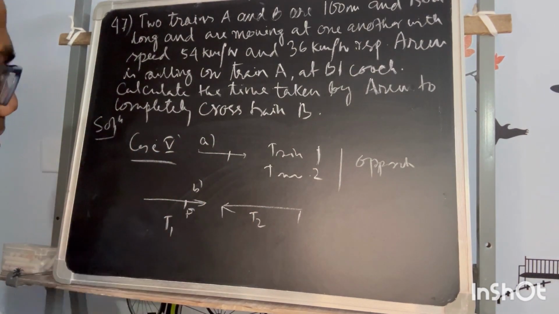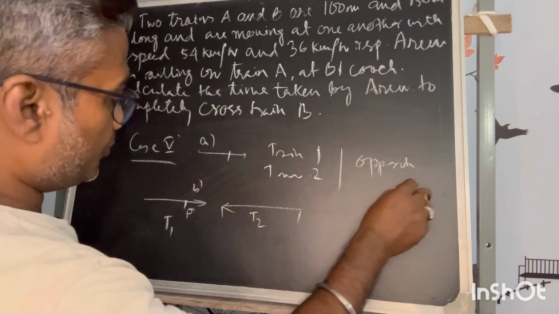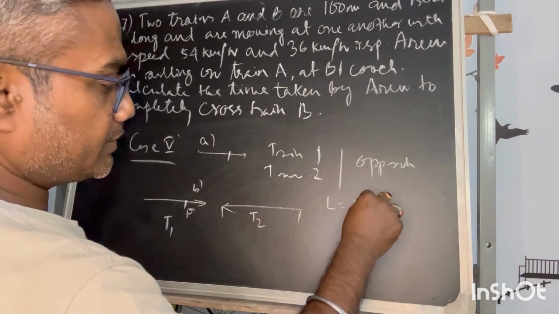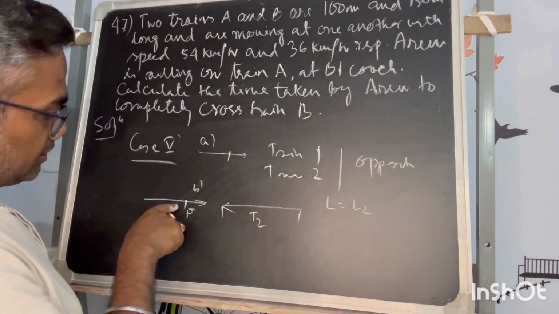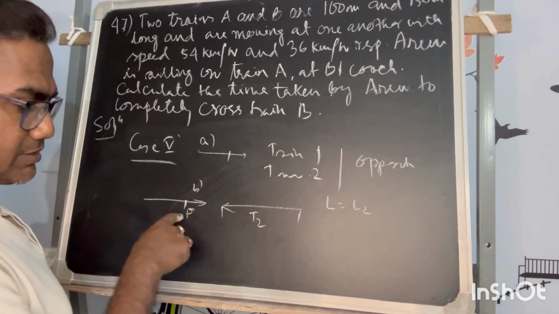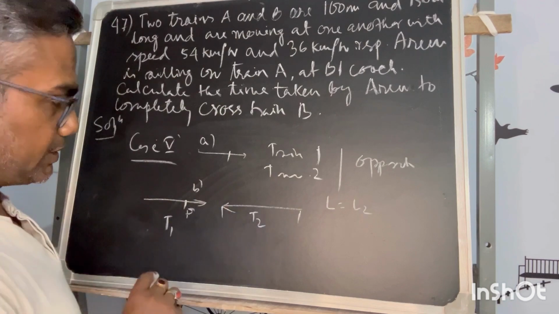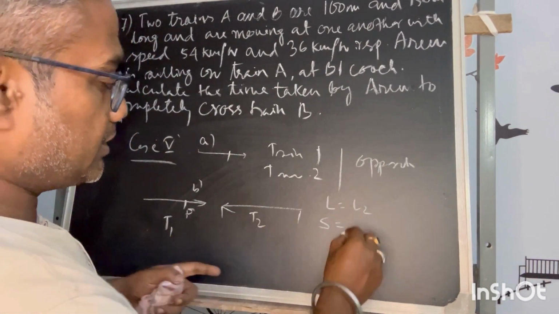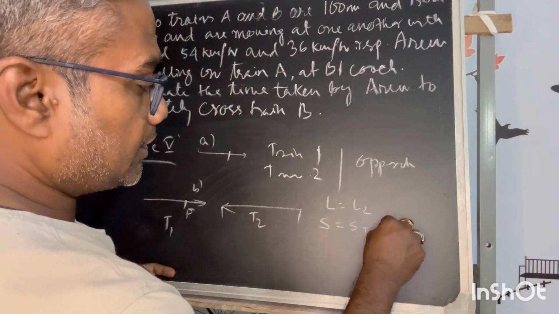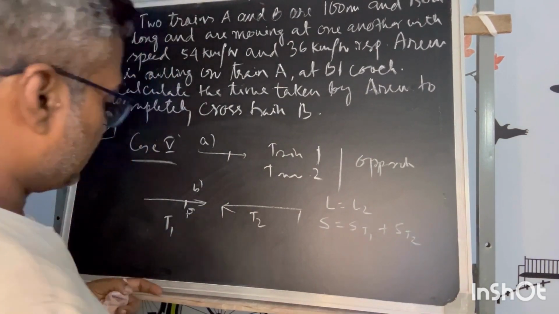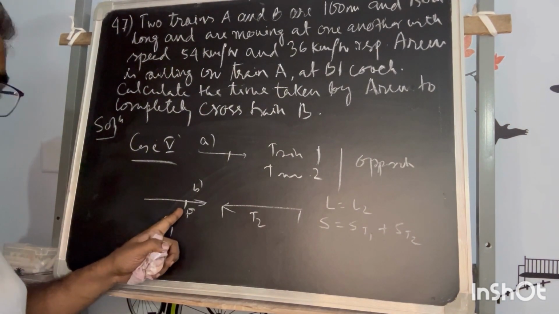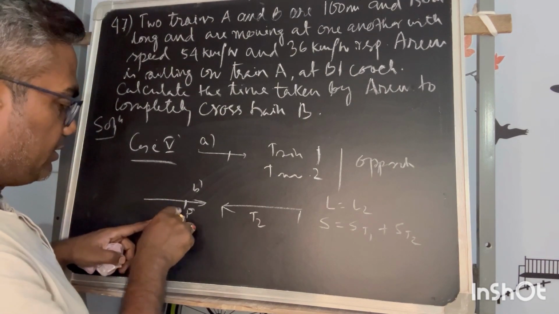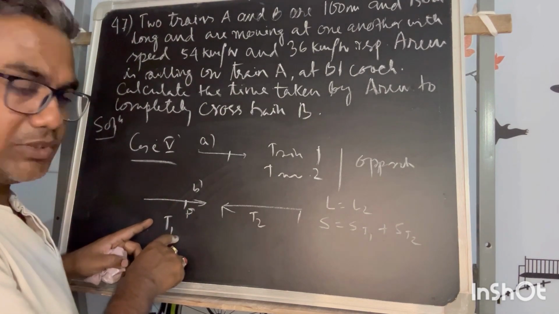And in this case, if they are moving in opposite directions, then the length will be the length of the second train, because the person's length is very small with respect to the train. And the speed will be the speed of train 1 and the speed of train 2. Why? Because the person himself has no speed relative to T1, he is sitting on it, so he gets the speed of the train.